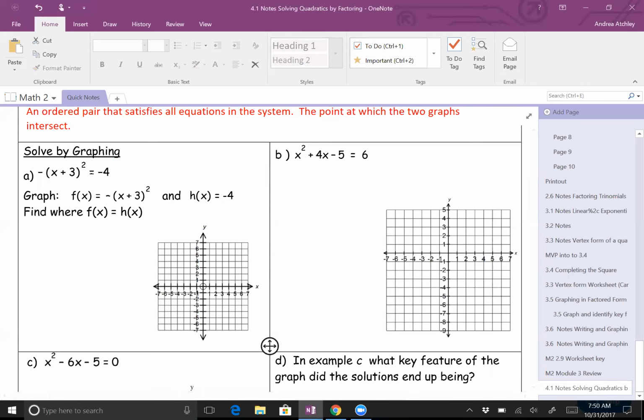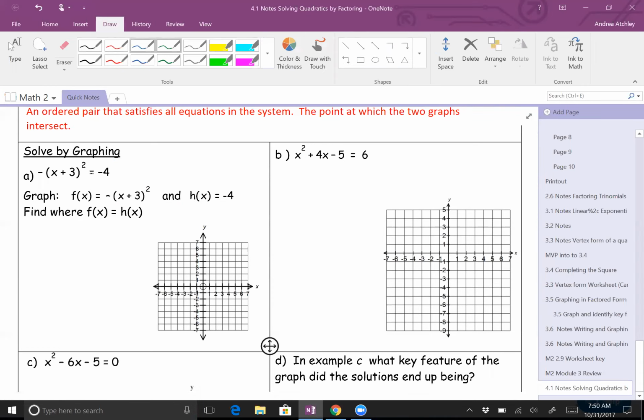We want to know our vertex. Oh, good. Negative 3, 0. Remember, inside the parentheses, you change the signs. So we go where x is negative 3 and y is 0, which is right there. Then we need our a value. Negative 1, good.